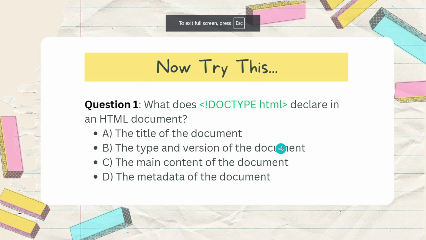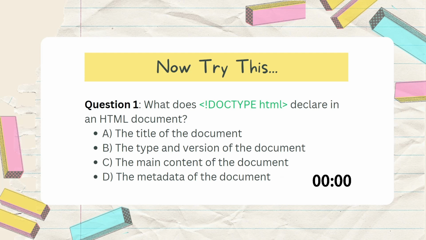So try this. What does the doc type HTML declare in an HTML document? The title of the document, the type and version of the document, the main content of the document, the metadata. Try it on your own. I'll give you like 30 seconds.